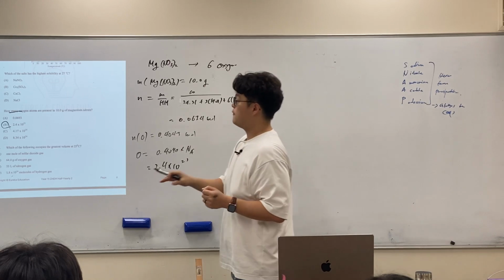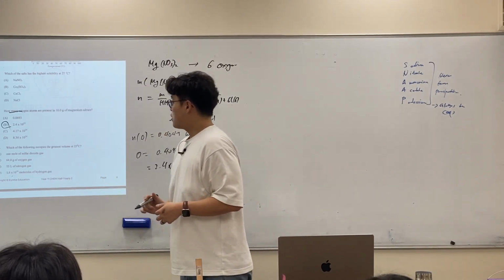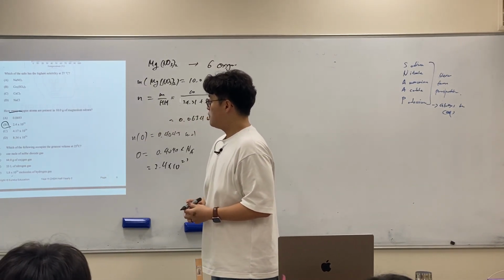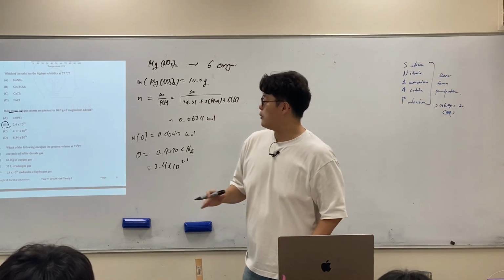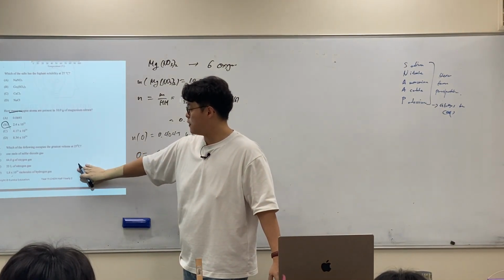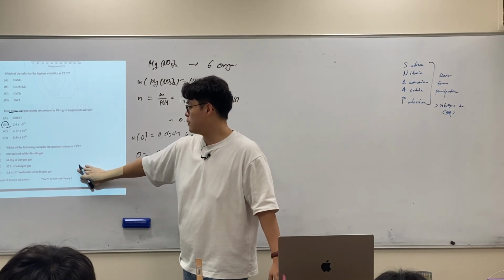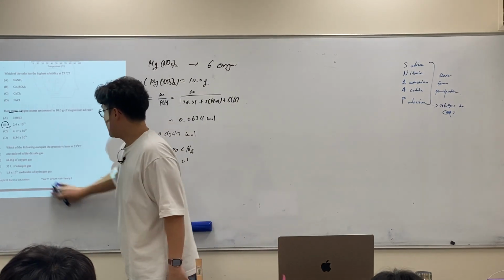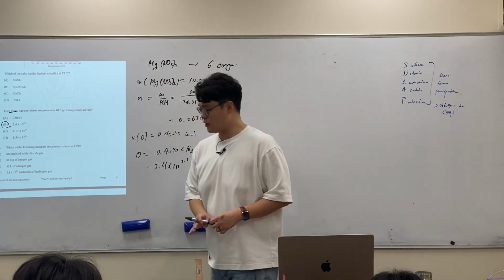All right, 15. Which of the following occupies the greatest volume at 25 degrees Celsius? We have 1 mole of sulfur dioxide gas, 64 grams of oxygen gas, 53 liters is given as the volume, and 1.8 times 10 to the power 24 molecules of hydrogen gas.